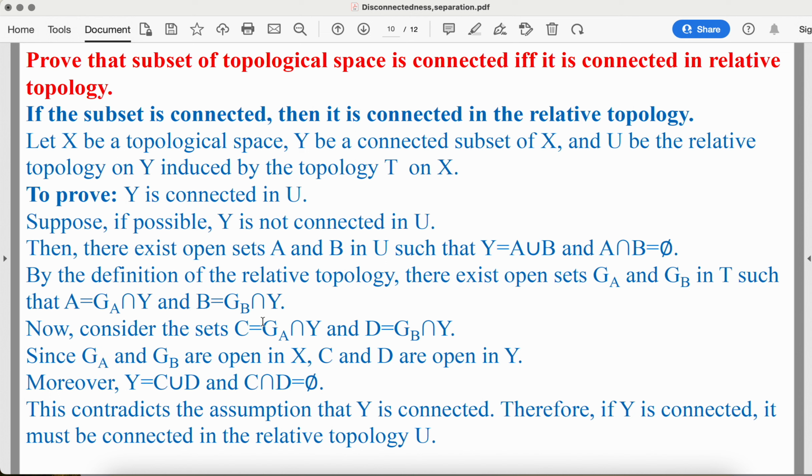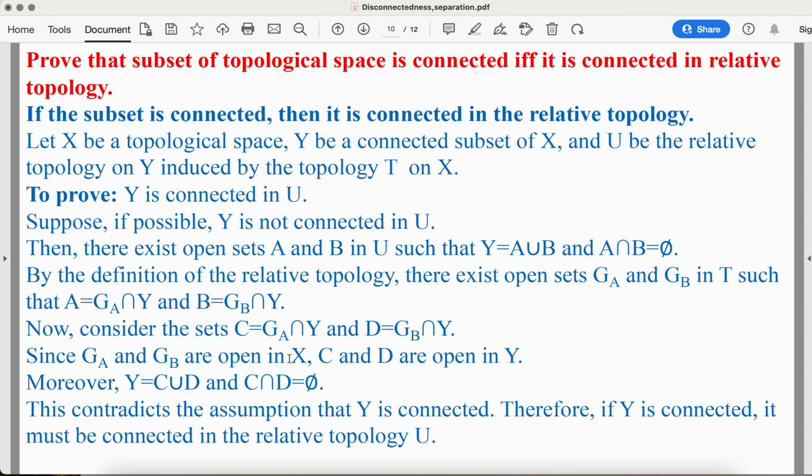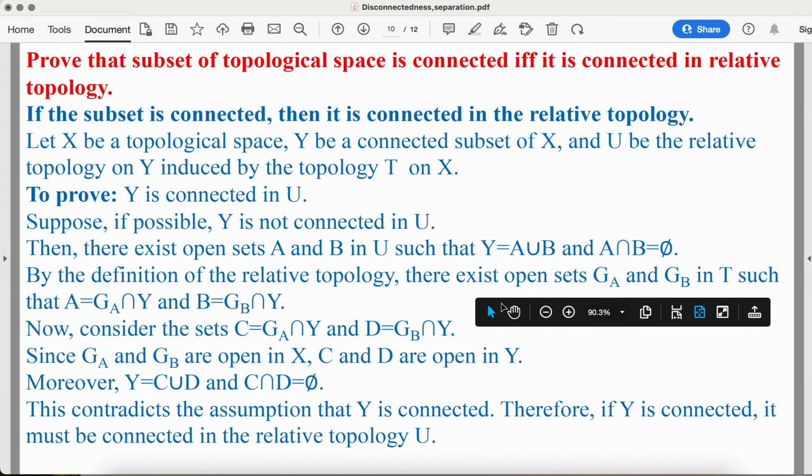Now consider the sets C, which is equal to GA intersection Y, and D, equal to GB intersection Y. Here GA and GB are open in X and C and D are open in Y. Also Y is equal to C union D and C intersection D is equal to phi, meaning C and D are disjoint.